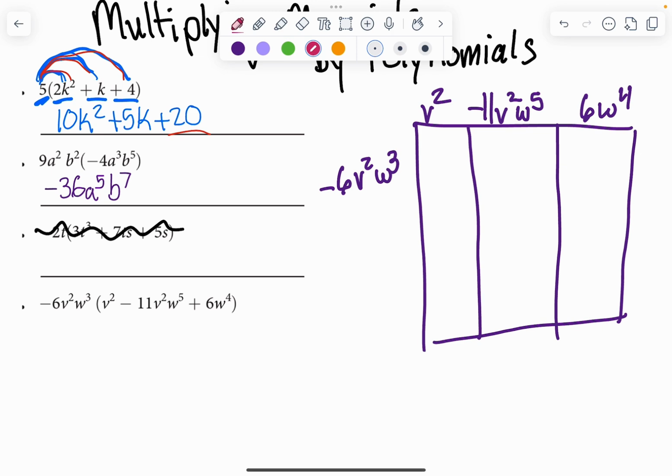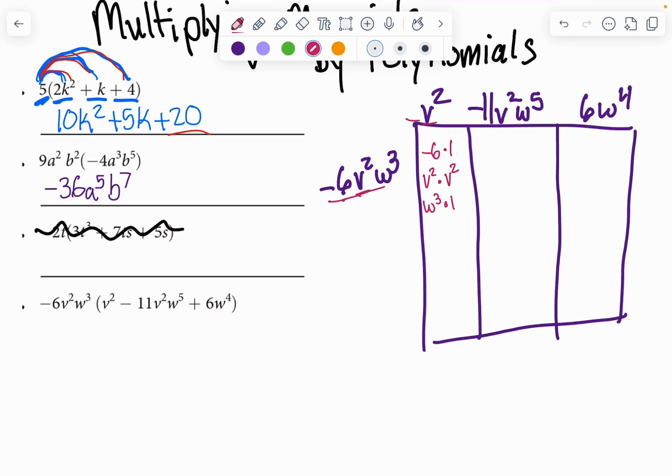All right, first off, we've got negative 6v squared times w to the third times v squared. At this point, I have no other coefficients, so I'm going to have negative 6 really times 1. There's nothing really there for us. We're going to have v squared times v squared, and w to the third, also technically times 1, or we can just leave it as is.